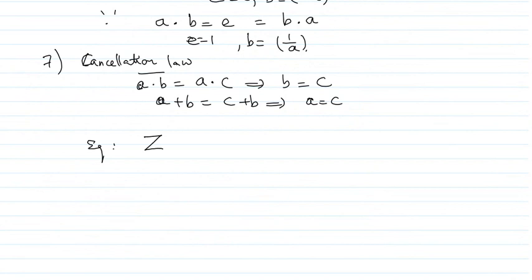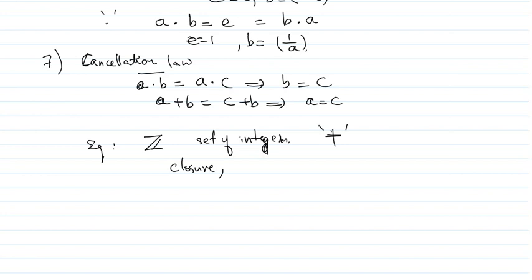Z is satisfying the closure property, because we have to define the operation, under addition. Any two integers can be added, we get another integer. So closure property is satisfied, associative property also satisfied. Then the distributive law, because in the case of integers we can define these properties.